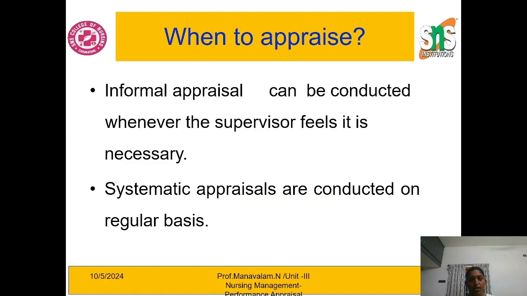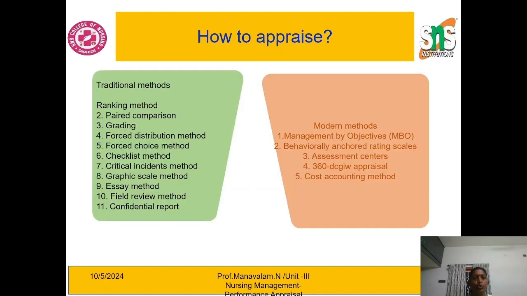When to appraise? There may be sometimes informal appraisal that can be conducted whenever the supervisor feels it is necessary. But systematic appraisal must be conducted on a regular basis. How to appraise? For appraisal, we have to use certain methods, either traditional or modern.